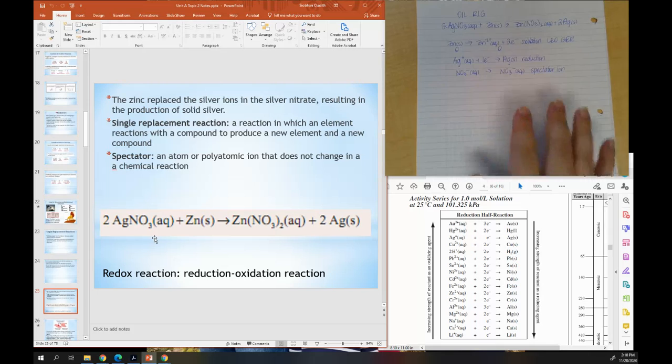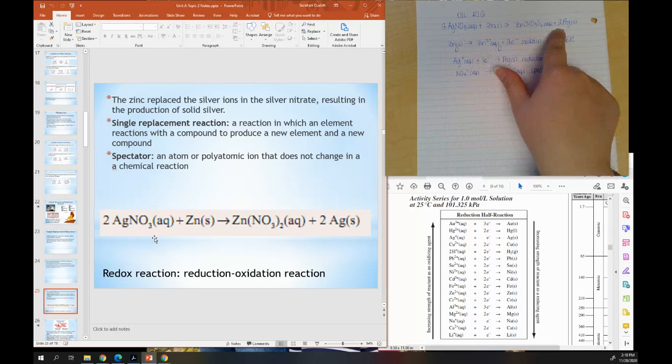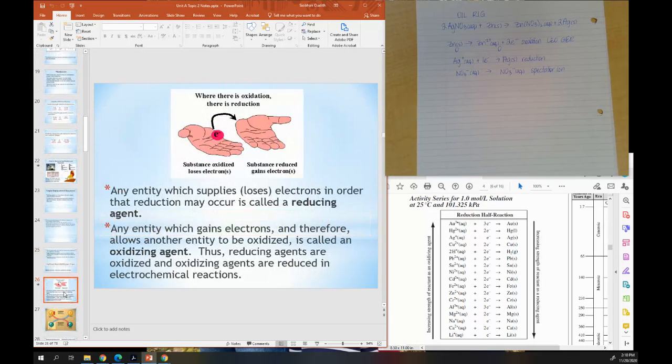So again, this reaction shown up here where we have oxidation and reduction occurring is called a redox reaction. Now, if it wasn't already confusing, I apologize, but you guys know sometimes chemistry likes to make things a little bit more challenging, and that's okay.